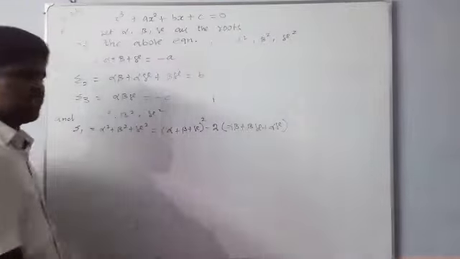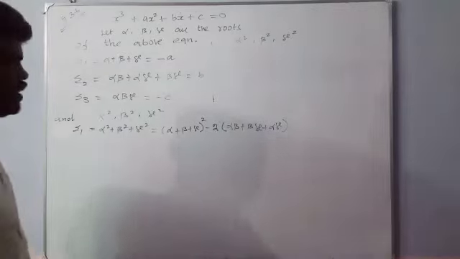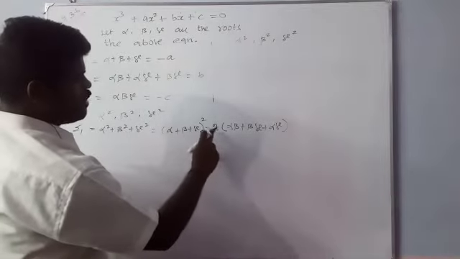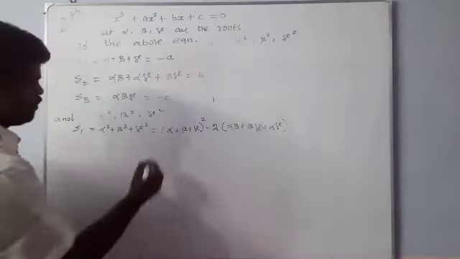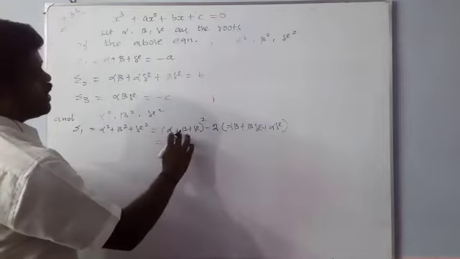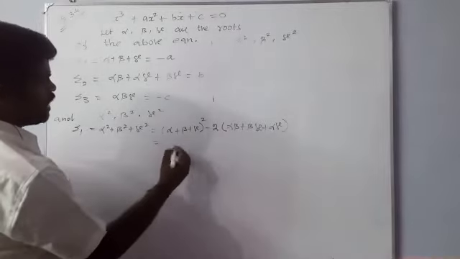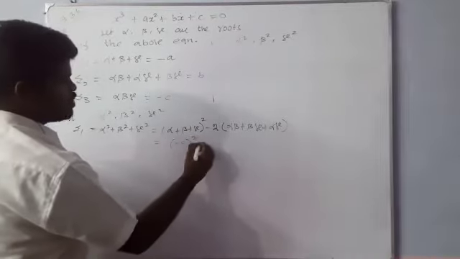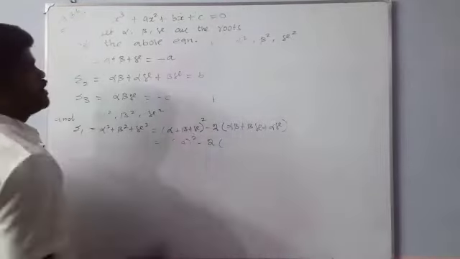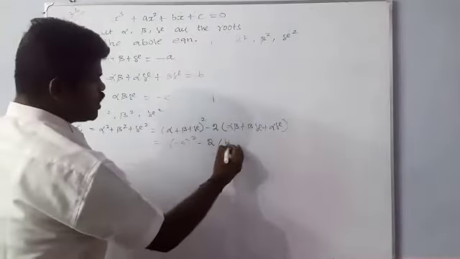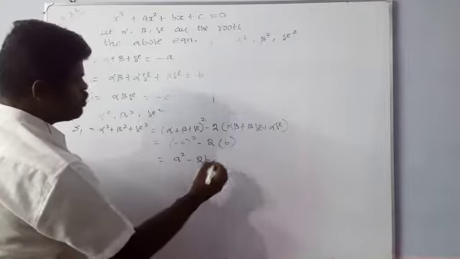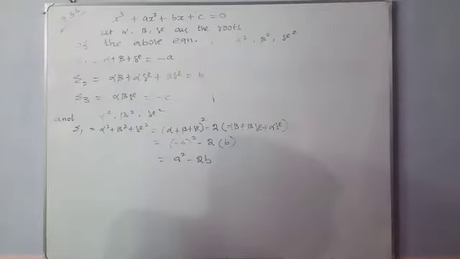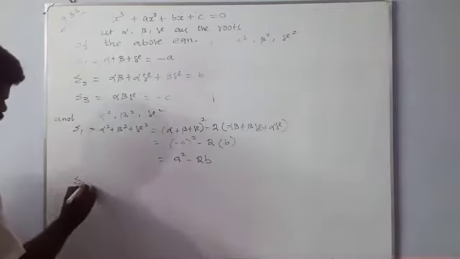That formula must be changed to this type. So alpha plus beta plus gamma is minus a, the whole square, minus 2 times of this value, which is b. So the answer is a square minus 2b. This is summation 1.